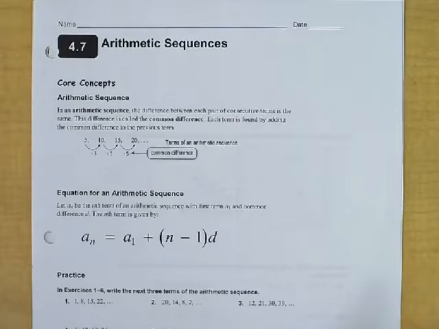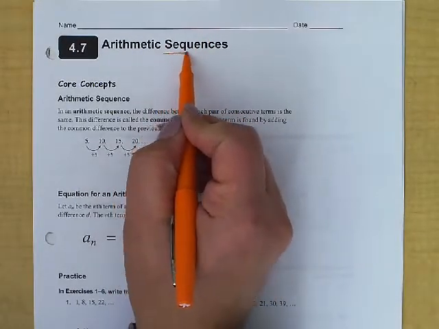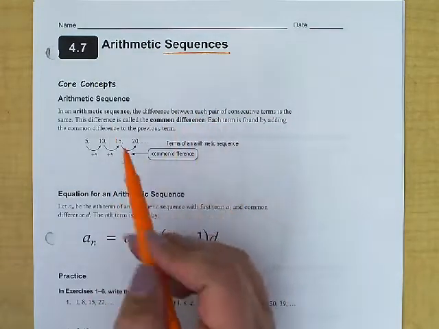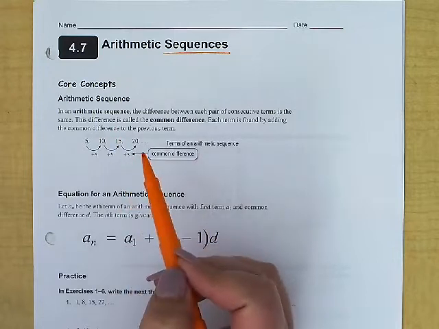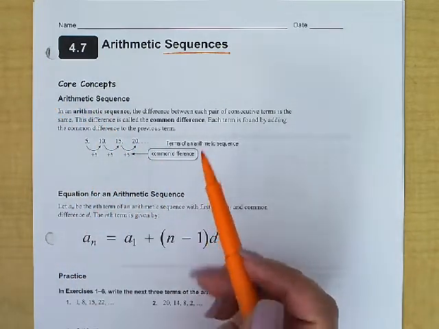So let's get started. The first thing is, this is still a sequence, right? This is still all about just a list of ordered numbers. The pattern that connects these together and makes them arithmetic is a little bit different than yesterday's, though.